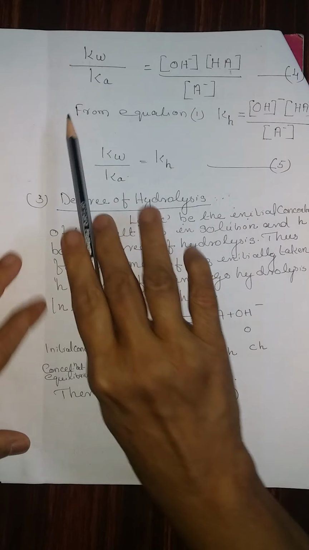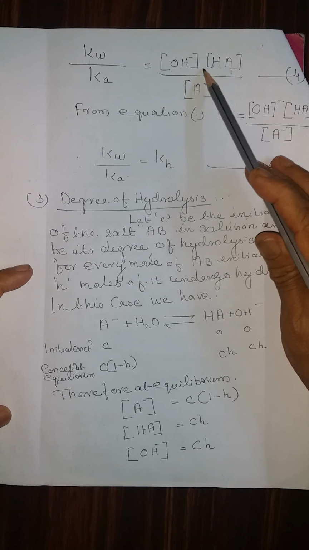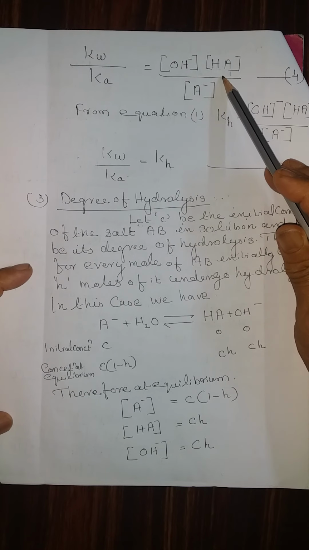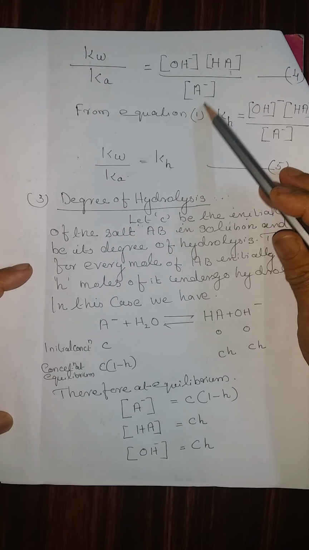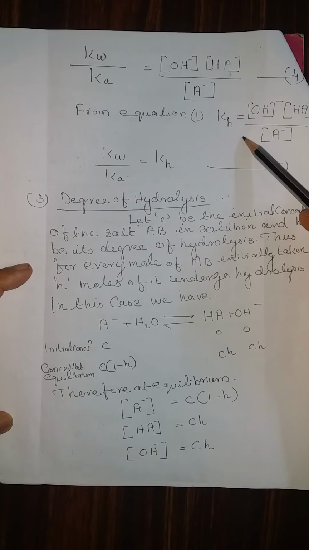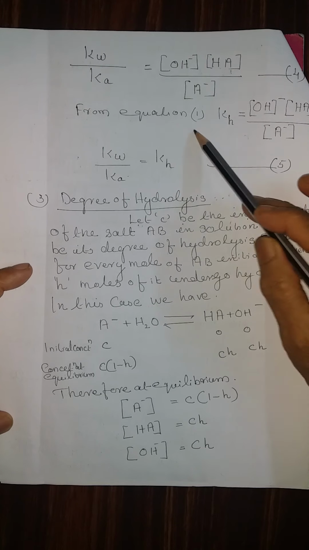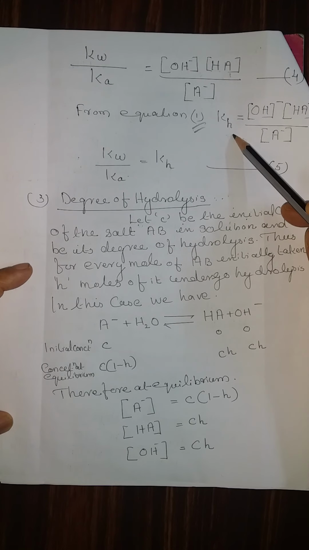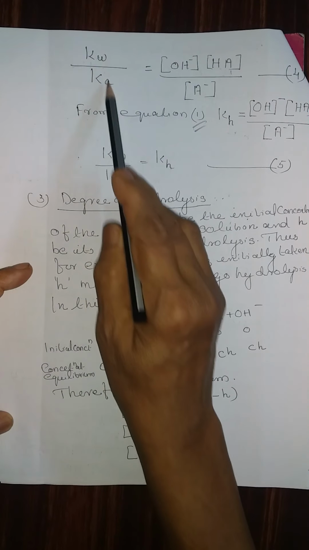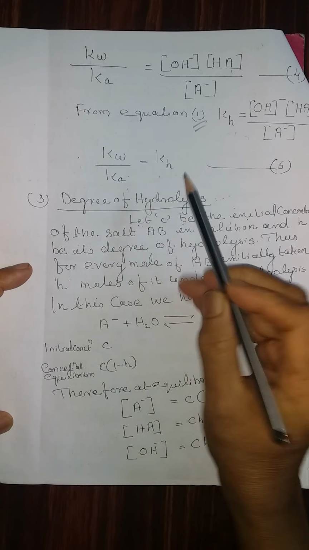On simplification, we get Kw by Ka is equal to concentration of OH minus into concentration of HA divided by A minus. That value is from equation 1, that is KH. Therefore, Kw by Ka can be written as KH.